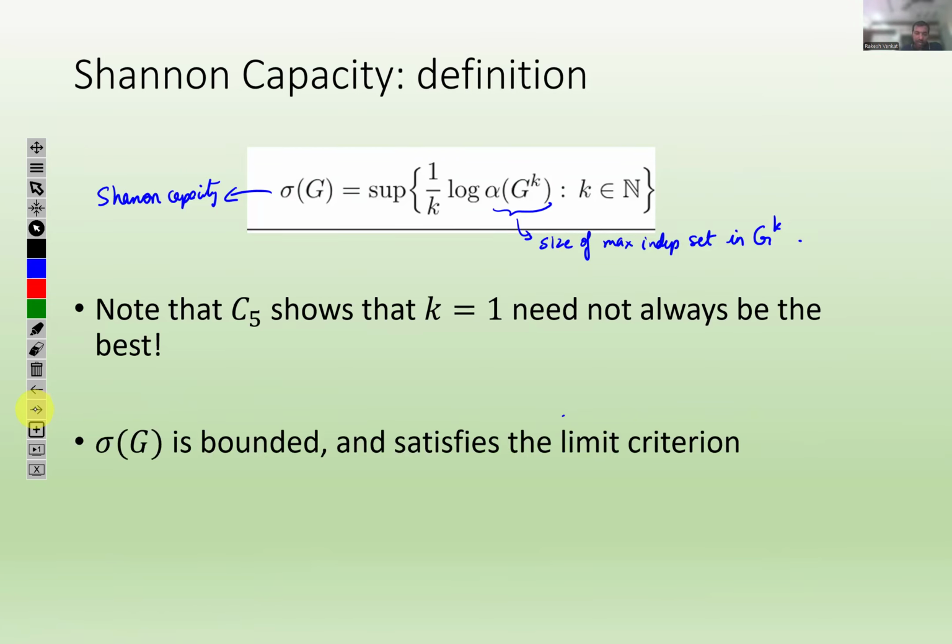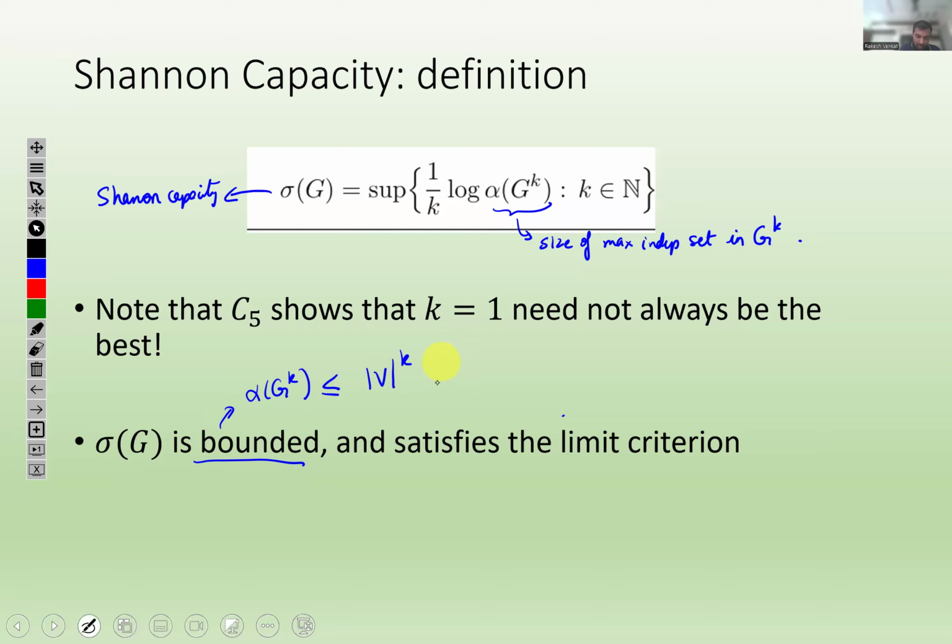But more importantly, here's a simple property that sigma of g is bounded. Okay, why is it bounded? Well, because the independent set in a graph is at most the total number of vertices in the graph, right? And in g power k, you have size of v to the power k, the number of k tuples. It's at most v power k. So sigma of g is bounded by v.